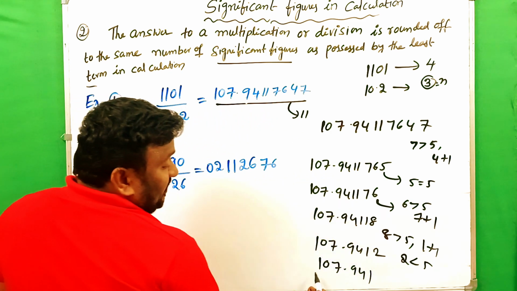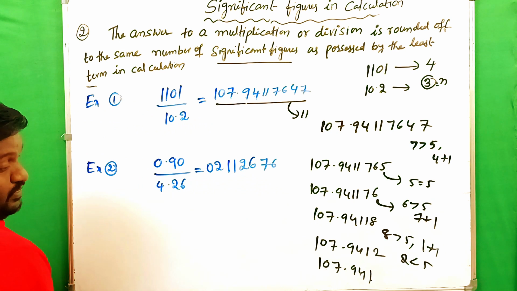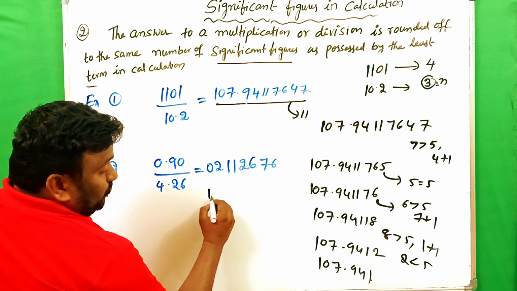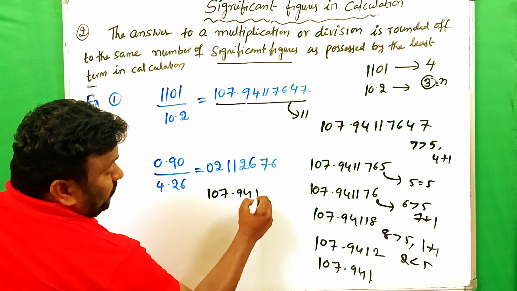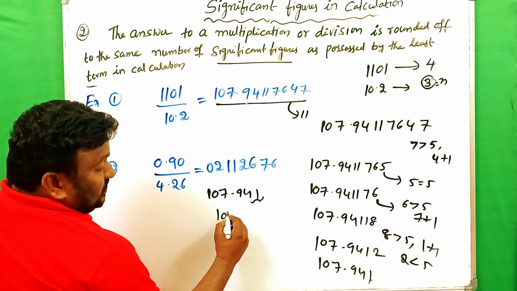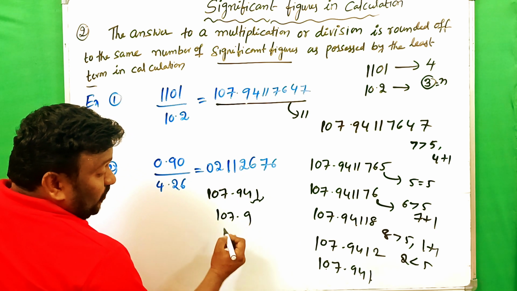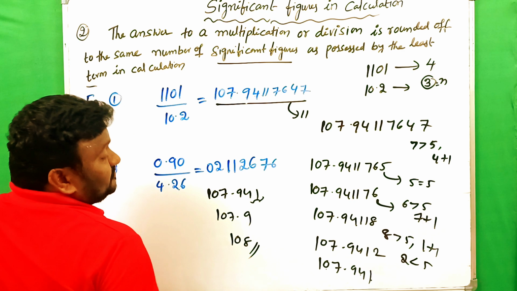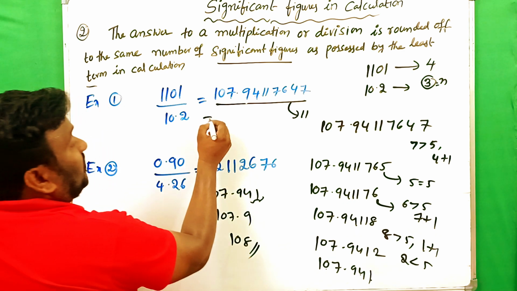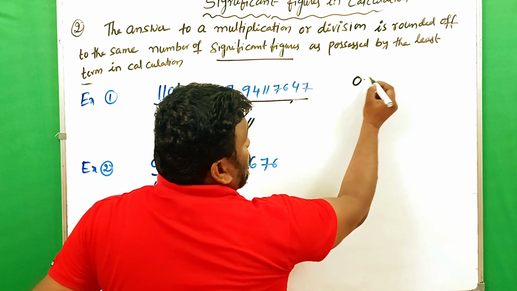Clear. Now how many here? 1, 2, 3, 4, 5, 6. Clear. So 107.941, these two are less than 5, they are going to be dropped, 107.9. And this 9 is greater than 5, that's why we add 1, 108. So here the answer is going to be rounded off like this, to 3 significant figures, 108.